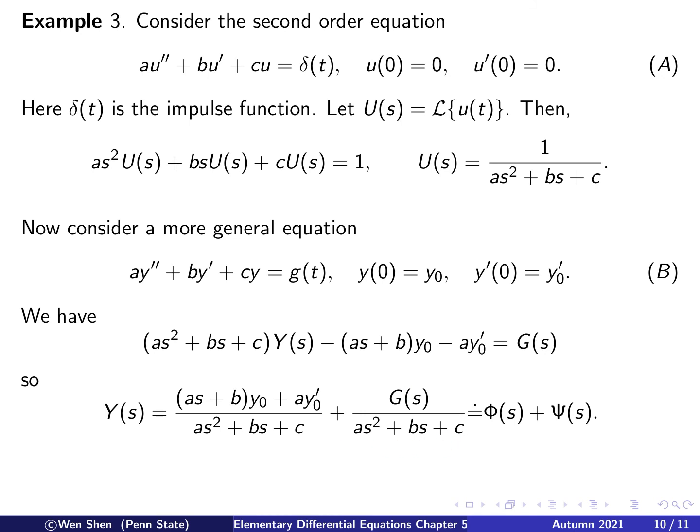So we see very clearly from this form that the first term is caused by non-zero initial conditions, and the second term is caused by the source term. Let's define these two functions. This function we call capital Phi of s, and this function let's call capital Psi of s.